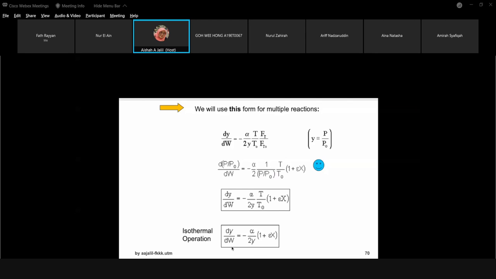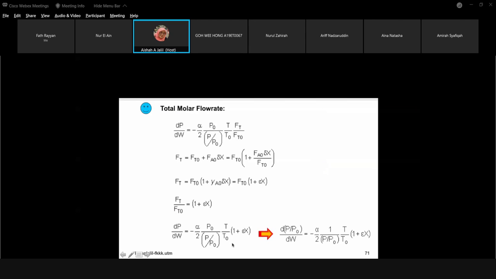Okay, this is the pressure drop. Just remember, you can just calculate when epsilon equals 0. I use this one to calculate for the pressure drop.